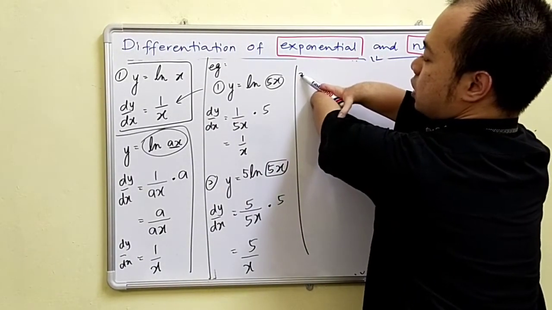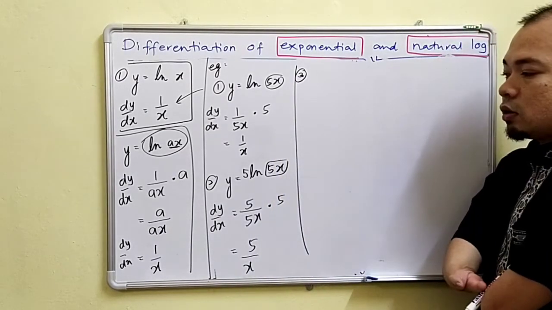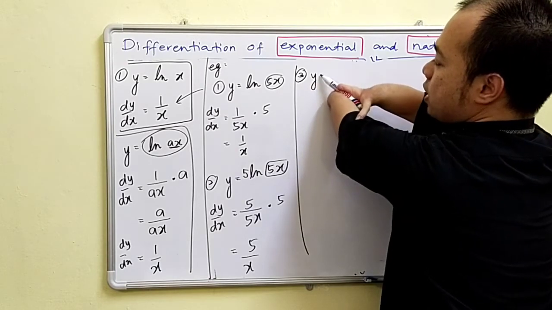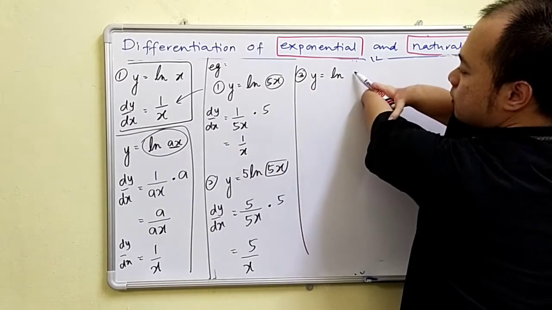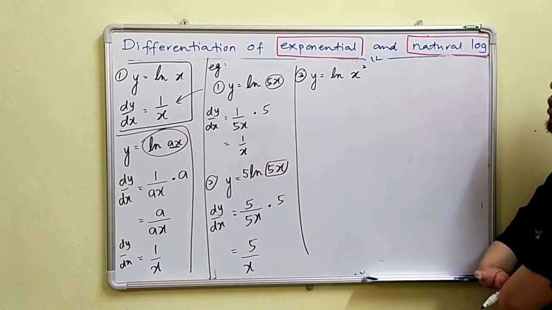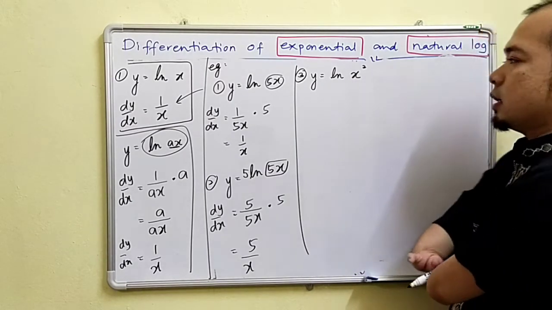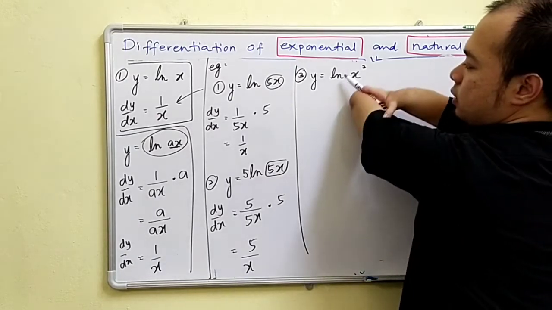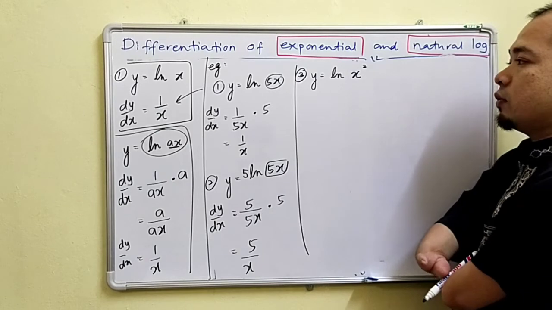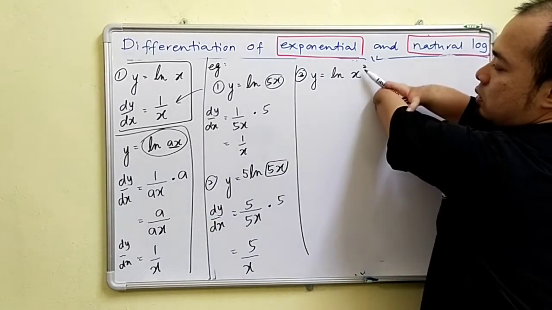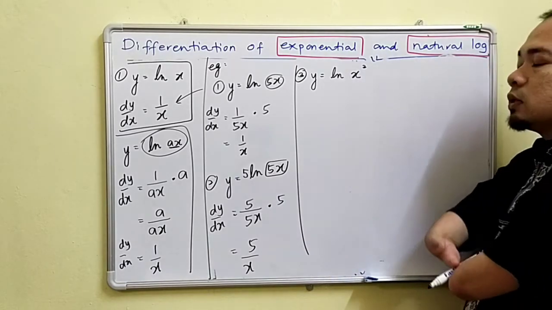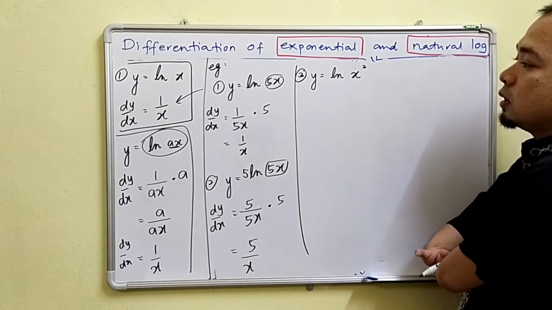Okay, now talking about the properties of log. Okay, in case of like this, if you have y is equal to ln x square. Okay, when you have ln x square, always remember, before you want to find dy over dx for any type of ln, first of all, what you need to do is you need to simplify the function first.